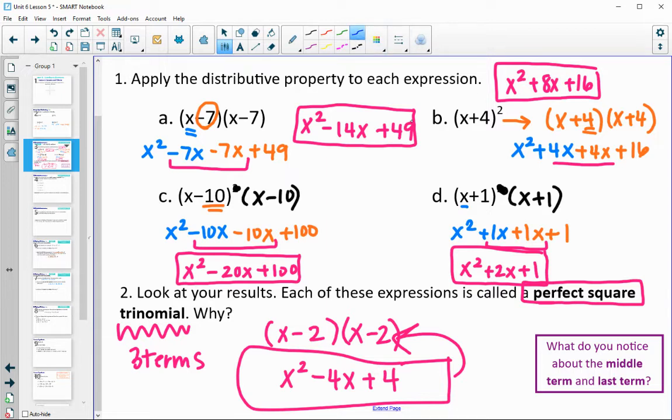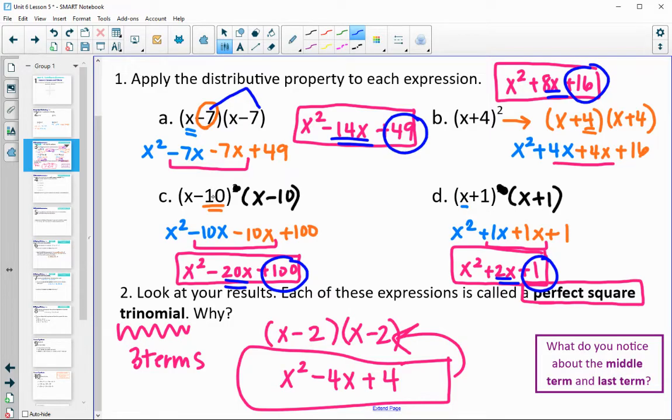And then do you notice anything about the middle number and the last term? Did you notice any patterns that happened here? So each time we had this number in here, that times itself gave us the last number, and that number times itself twice gave us this middle number.